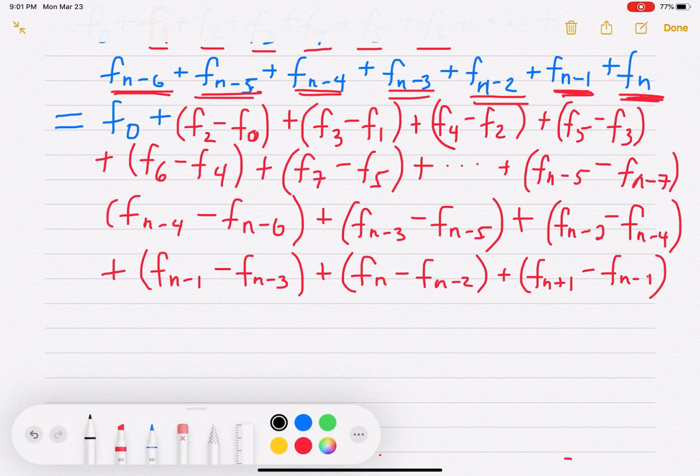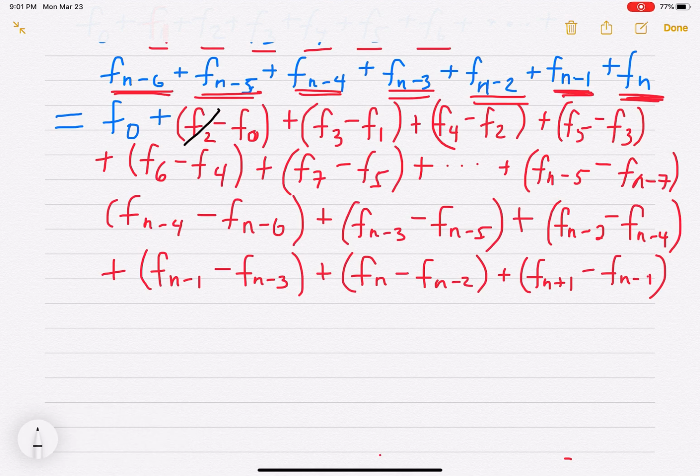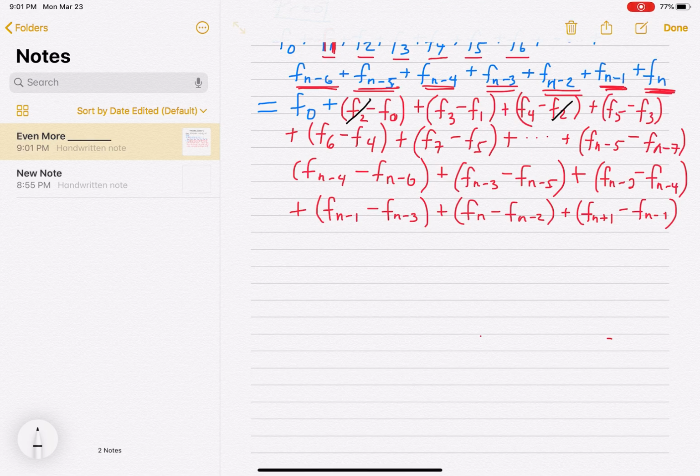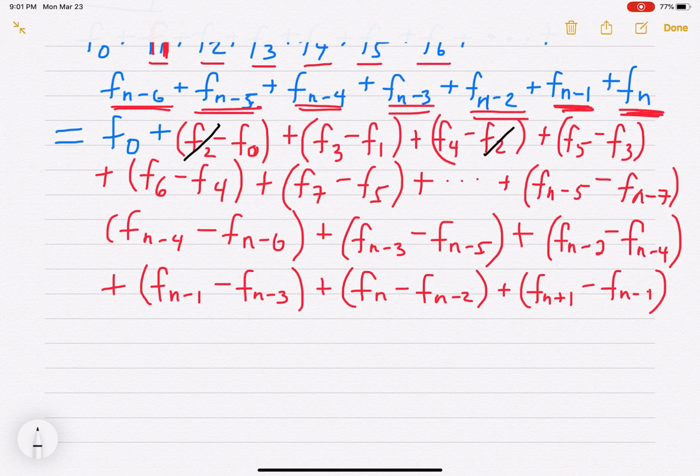So we're going to start here. We're going to cancel f2 positive with minus f2. Notice there's a gap in between, f of 0, f of 3, f of 1, f of 4. All right. And then we're going to cancel f of 3 positive with minus f of 3.